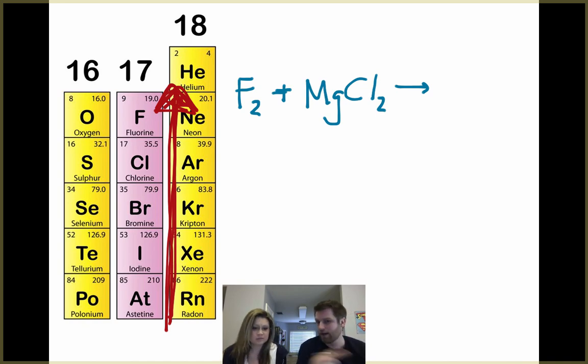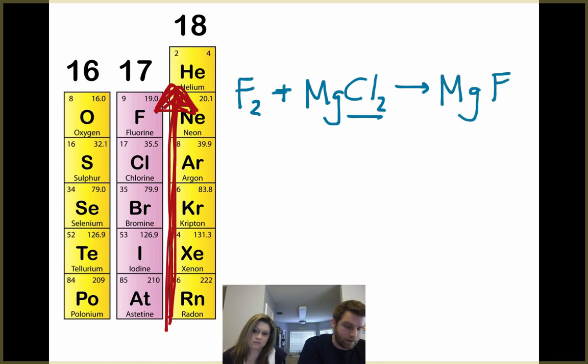Fluorine is a nonmetal, so it has to replace another nonmetal. Fluorine would replace the chlorine right here because it is more reactive. So we would get magnesium fluoride plus chlorine gas, Cl2, because it's diatomic also. So that's pretty much the activity series for halogens and for metals.